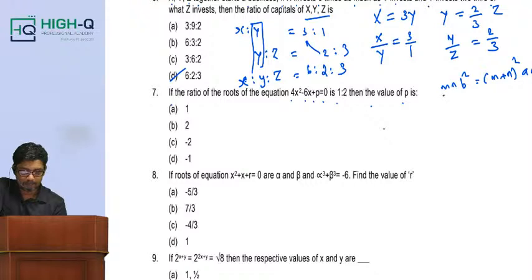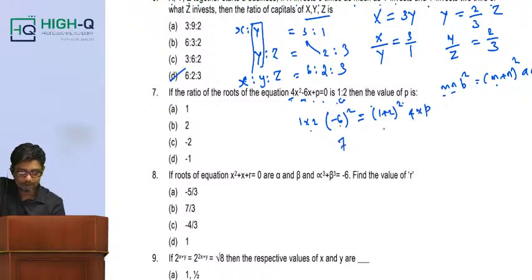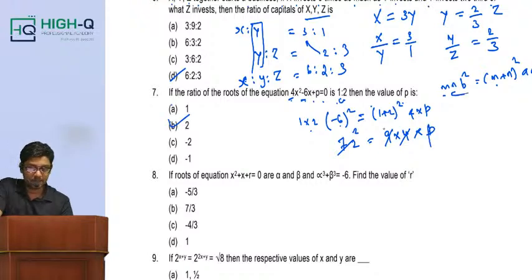So here mn is 1 into 2. b is minus 6, so b square is minus 6 the whole square, equal to 1 plus 2 the whole square into ac. What is a? 4, into p. So 36 into 2 is 72, equal to 9 into 4 into p. 9 fours are 36, 36 twos are 72. So therefore p is nothing but 2. See, it's a trick. I think you know it.